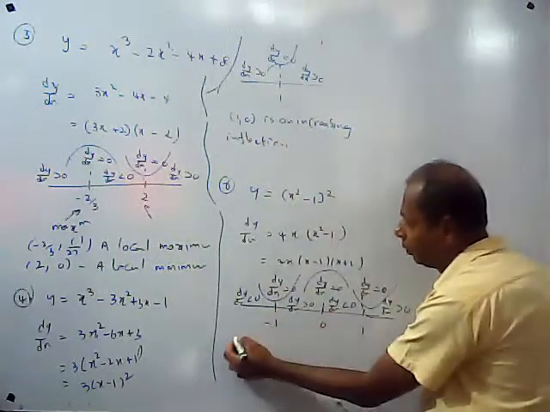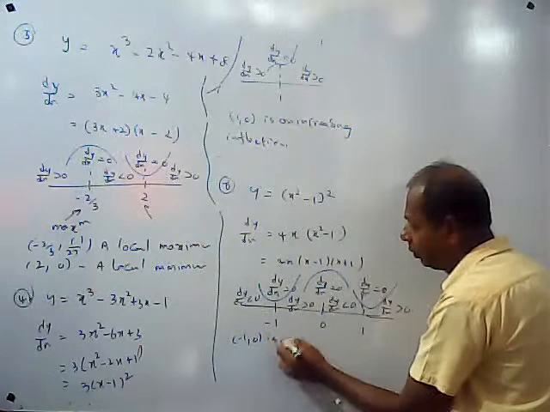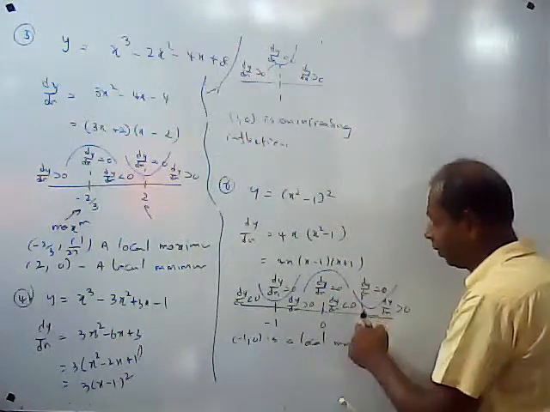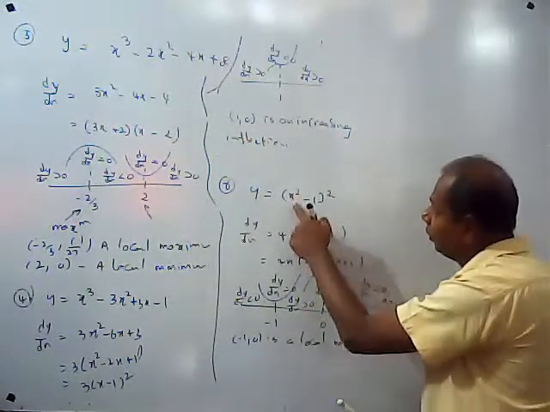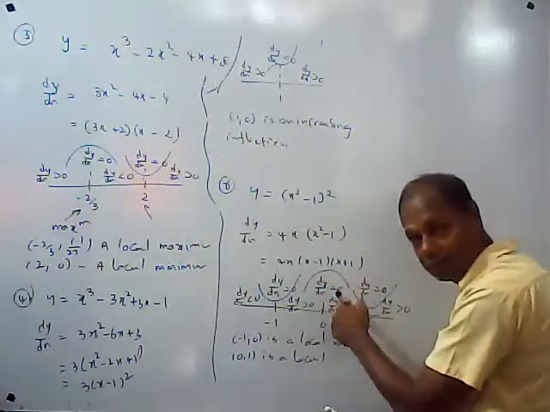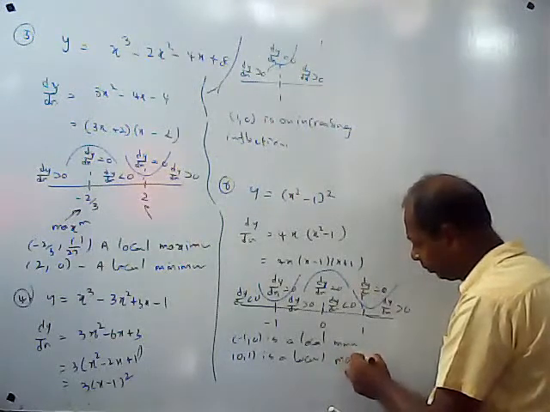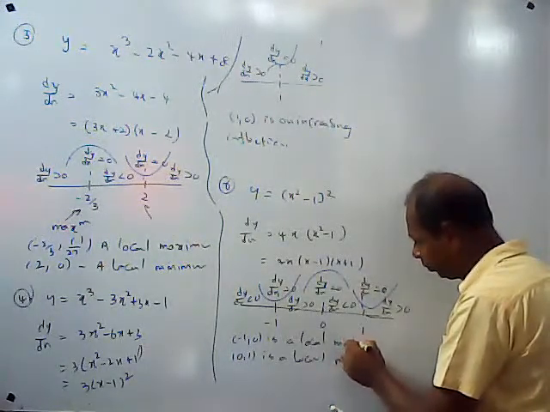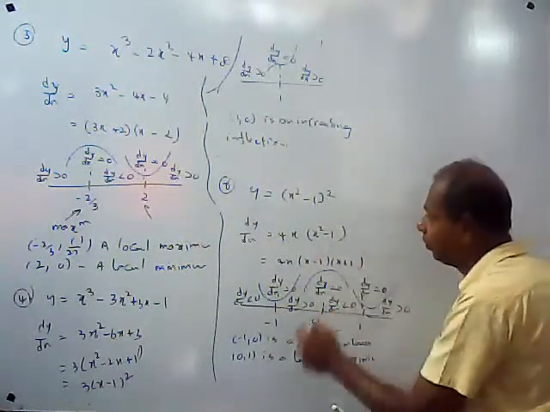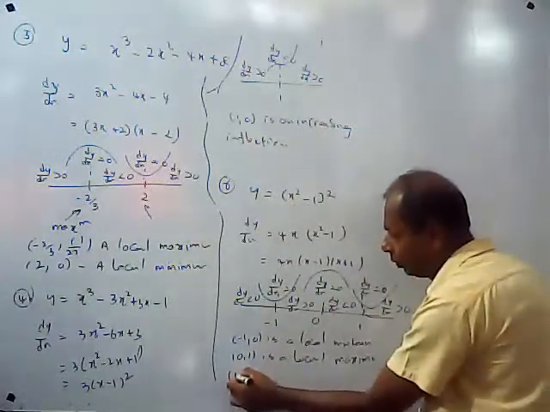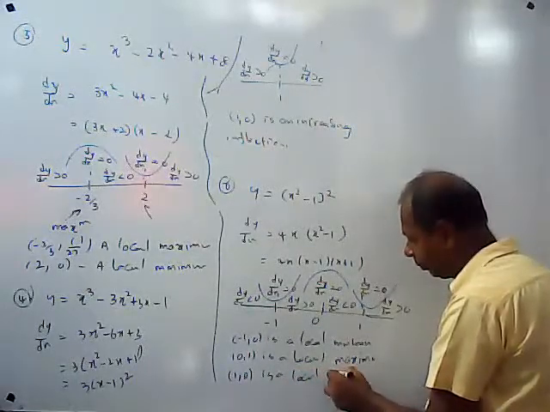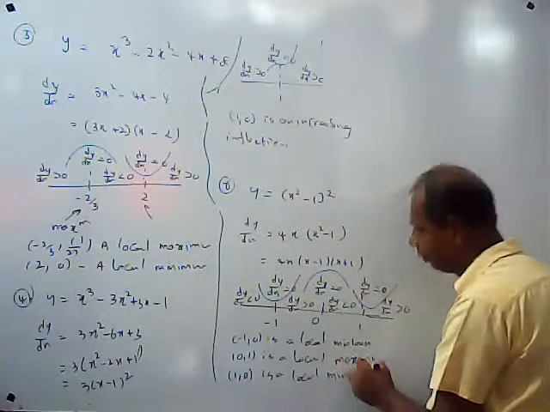So (minus 1, 0) is a local minimum, (0, 1) is the local maximum, and at (1, 0) again a local minimum.